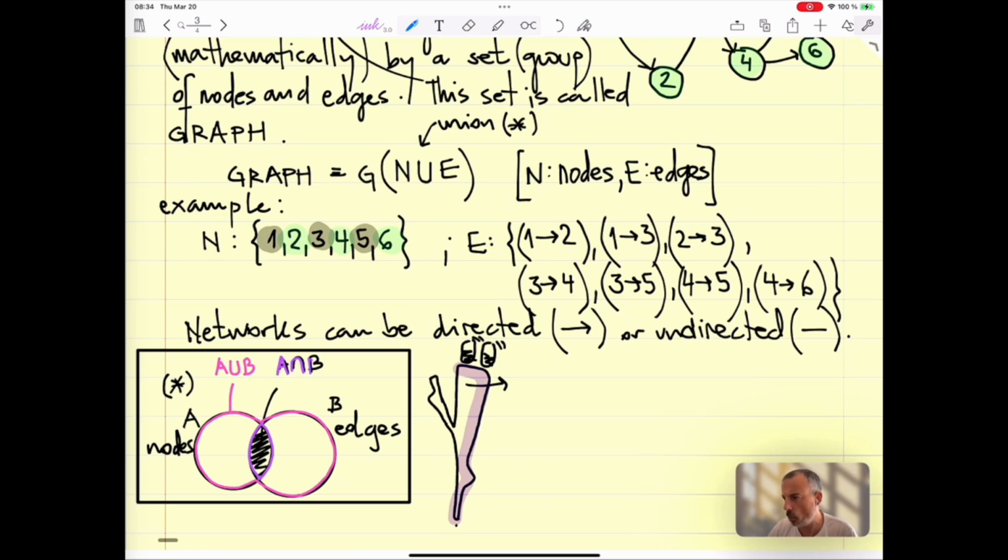But this is the way to think about sets. Anyway, let's continue.